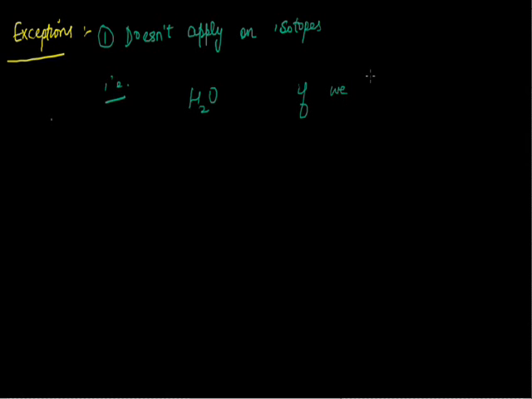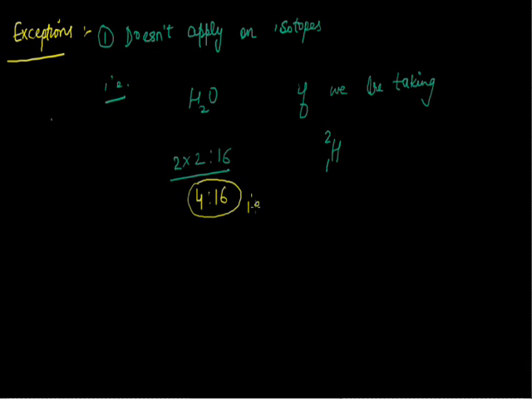If we are taking isotope of hydrogen, whose mass is 2, then the ratio becomes 1 is to 4, which is not equal to our previous ratio. It means this law is not applied to isotopes.